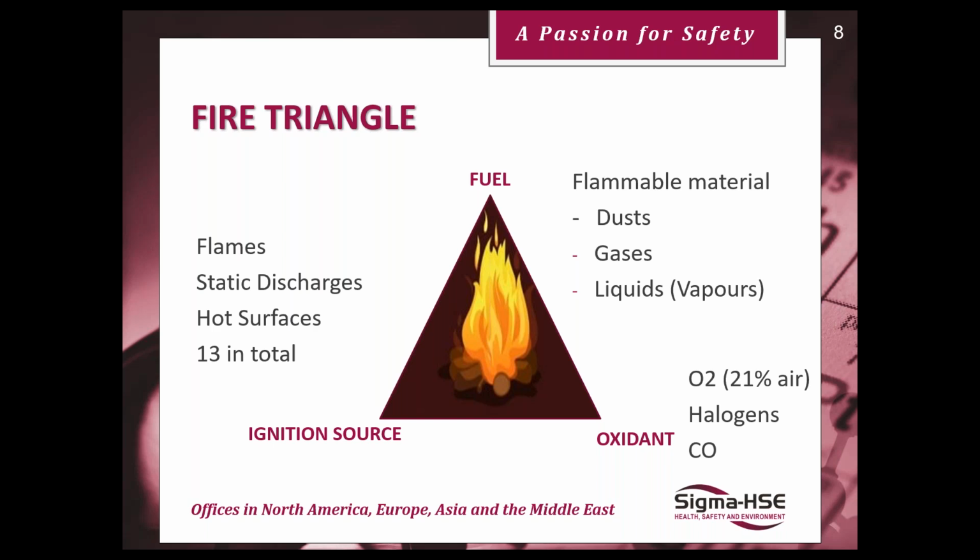And when we look at the standards associated with this subject, they list 13 potential sources of ignition. But what determines whether a given ignition source will actually kick off this reaction is how much energy it can give versus how much energy is actually needed to start the chemical reaction.